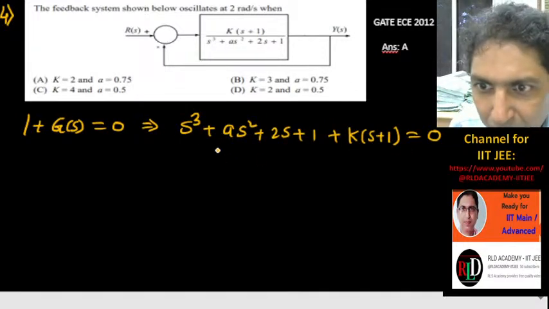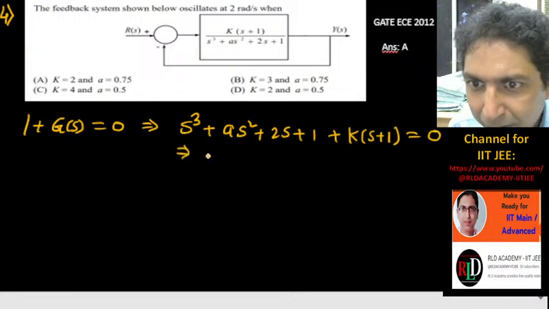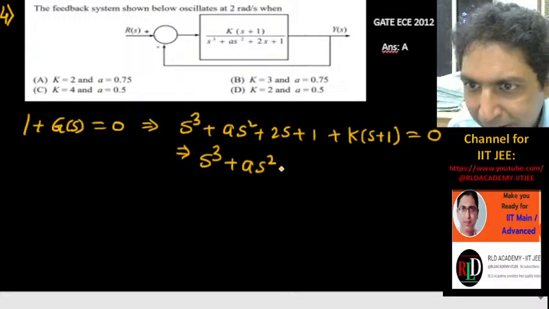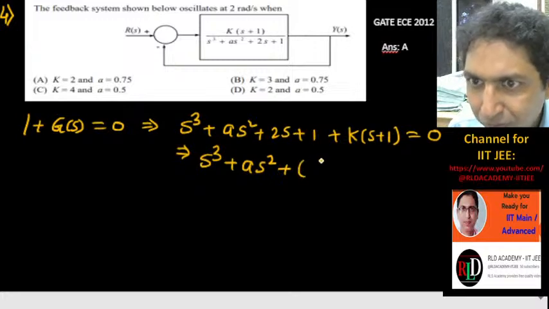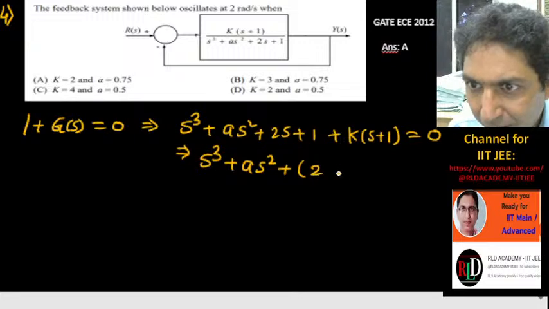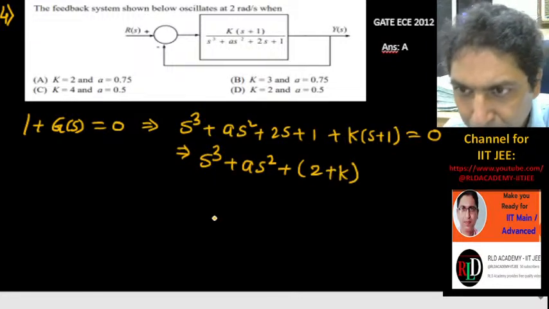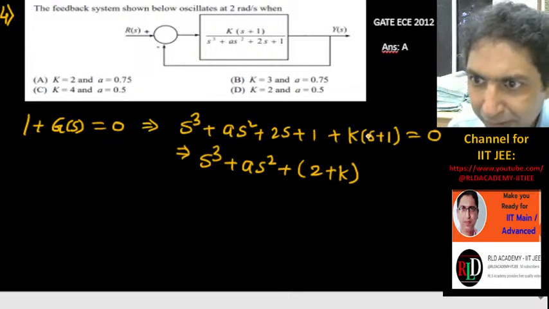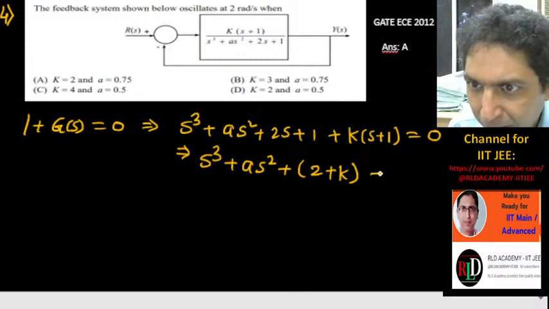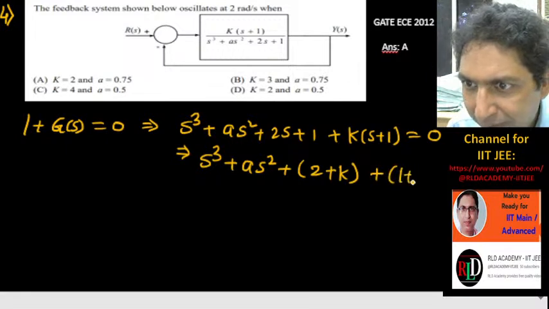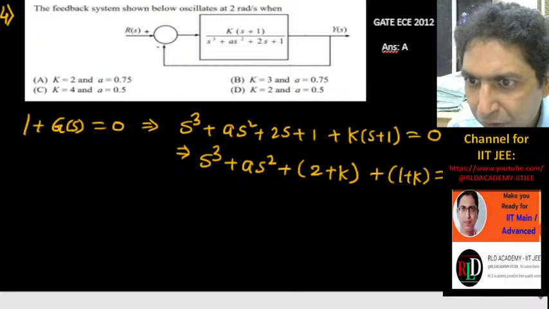This I can simplify a little bit. The s cube coefficient is only 1, and the s square coefficient is a, but the s coefficient is 2 plus K, and the constant is 1 plus K. Okay, if I make any mistake, please let me know.